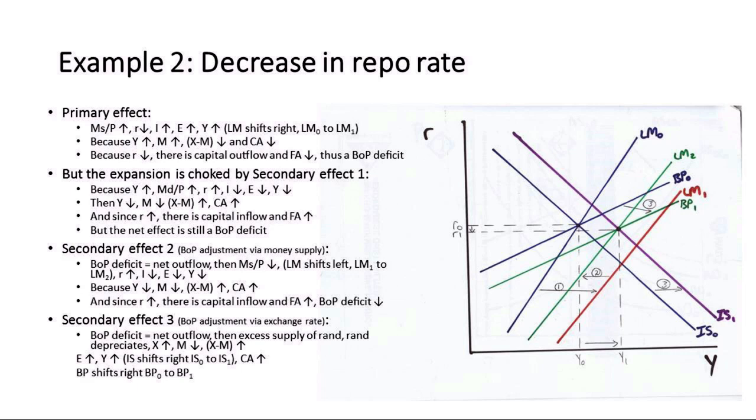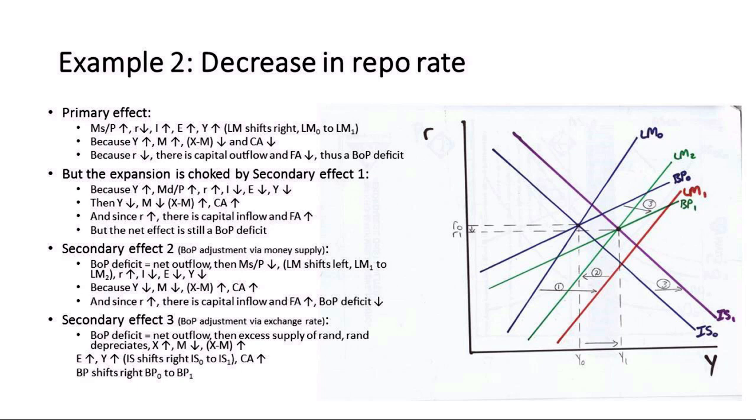The equilibrium would be over here where the new LM1 curve intersects the original IS curve over there, and we are below the BP curve, which tells you that there's a balance of payments deficit. Now we need to make the adjustments to bring this economy back into equilibrium, where you have both the real sector, the monetary sector, and the foreign sector in equilibrium.